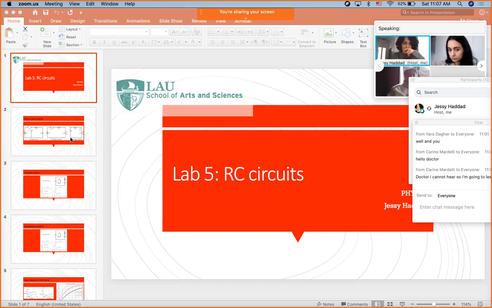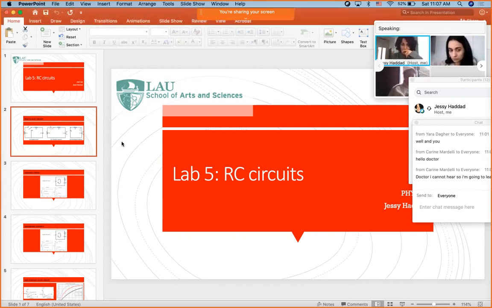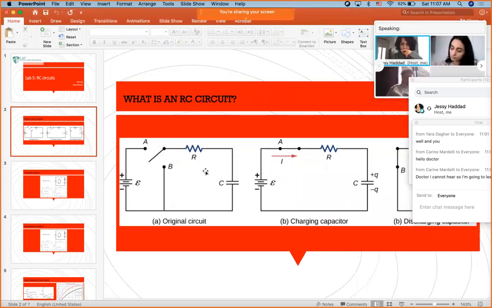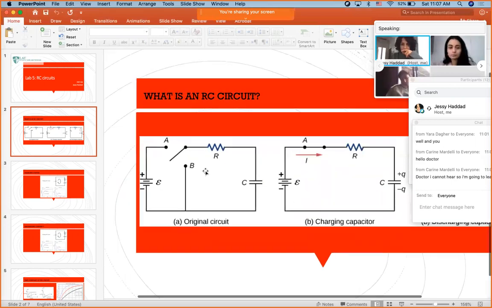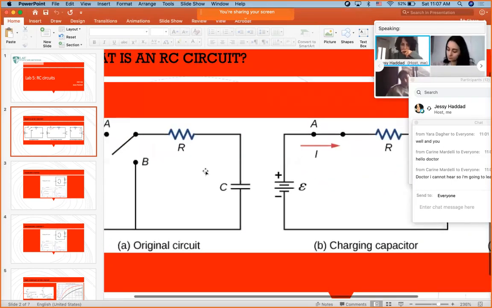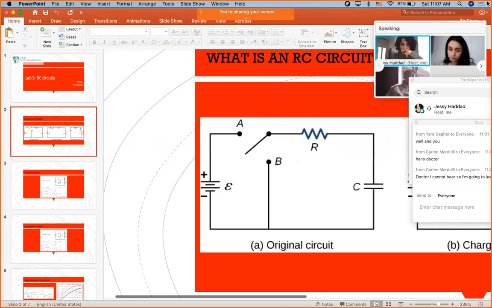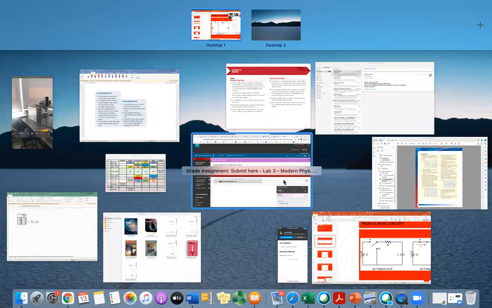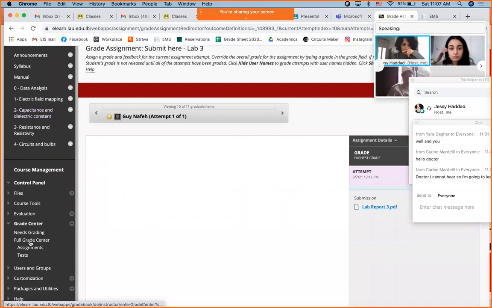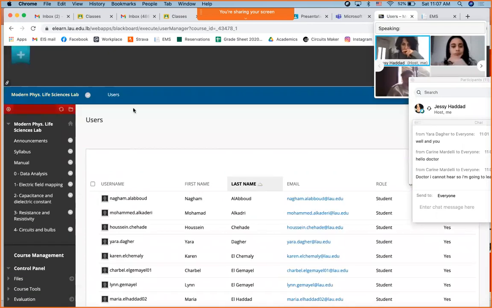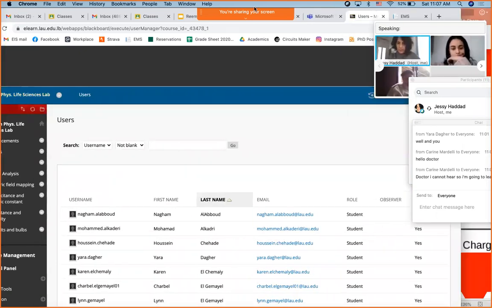I'm going to start with a very simple circuit and probably ask some of you. Let's discuss this circuit that we have, and I don't know if I can use our Blackboard with a list of names, because it's wrong to target the students who are in front of me. I would love to talk to everyone.